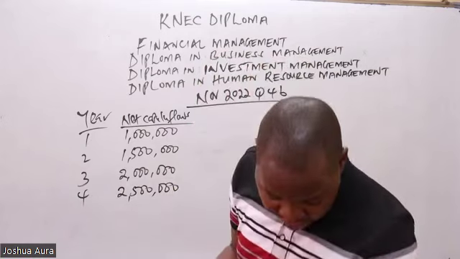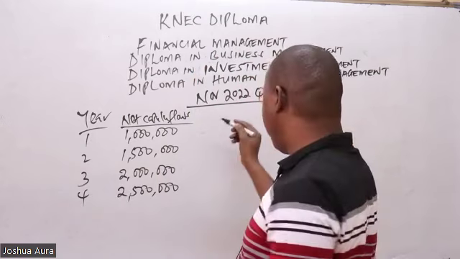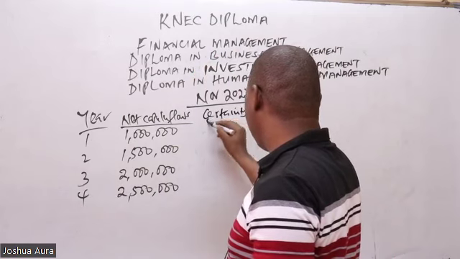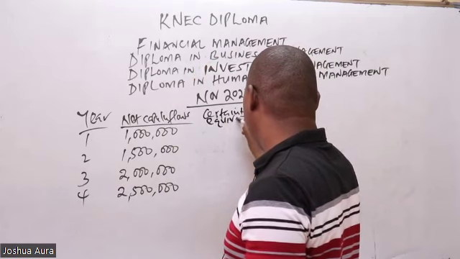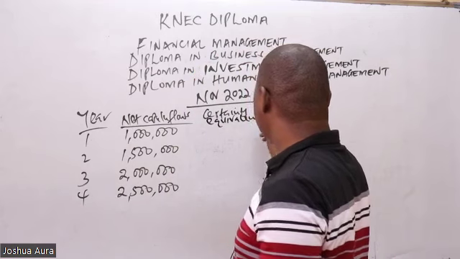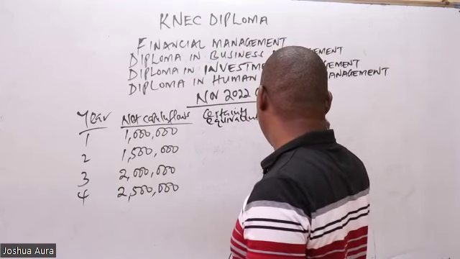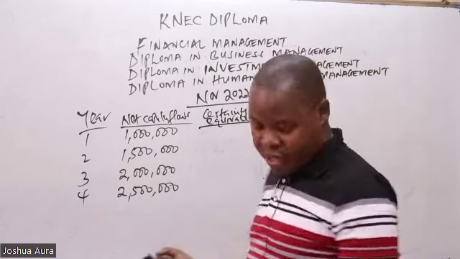Then we are given the certainty equivalent coefficient for each year.